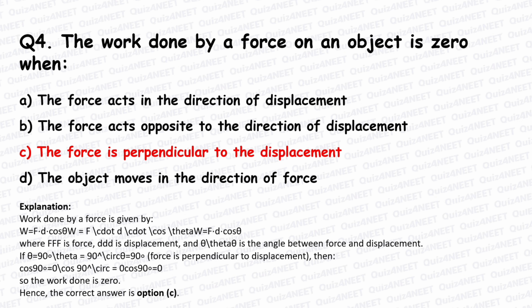Explanation: Work done by a force is given by W equals F d cos theta, where F is force, d is displacement, and theta is the angle between force and displacement. If theta equals 90 degrees, force is perpendicular to displacement, then cos 90 degrees equals 0, so the work done is 0. Hence, the correct answer is option C.